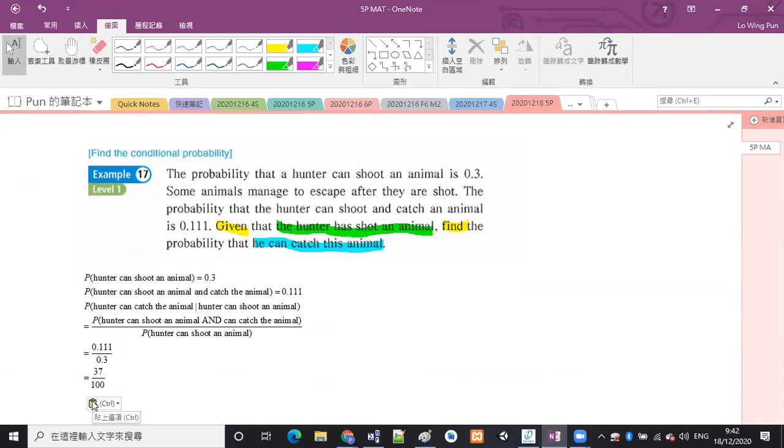Can you get this? P(A given B), or P(F given E): given E, find the probability of F, is written out like this. Because this is not too difficult to calculate, I taught it to you as well.